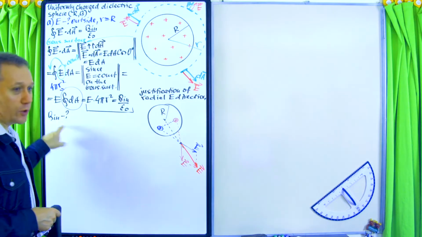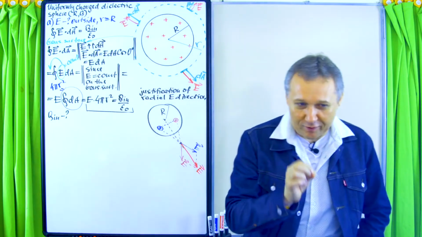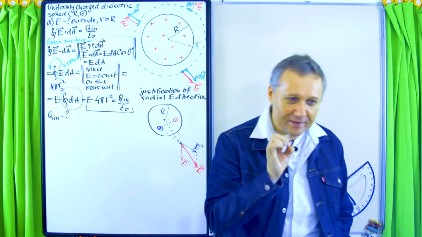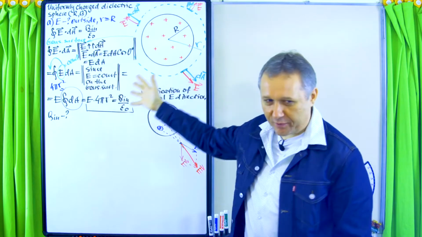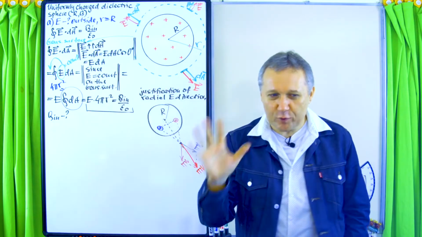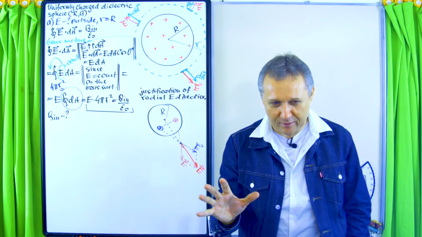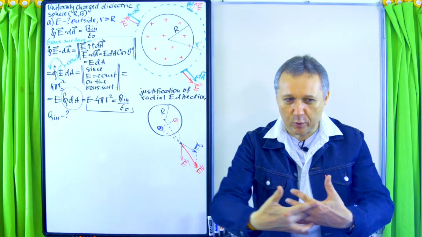All right, so Q enclosed, the meaning, you remember, it's the total charge inside the Gaussian surface. So at this point, by looking at the picture, all of you should be able to tell me the value of Q enclosed. Again, it's the total charge physically embraced by your Gaussian surface.